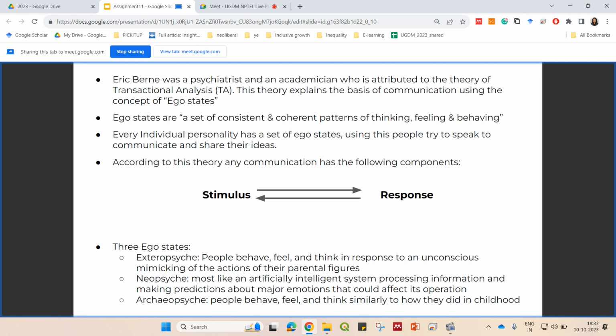Next is the neopsyche. So, neopsyche is most like an artificially intelligent system.